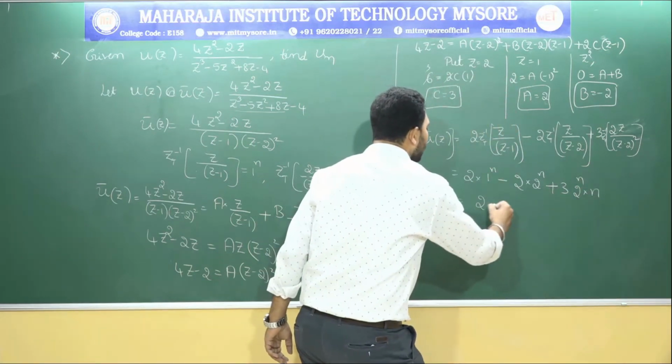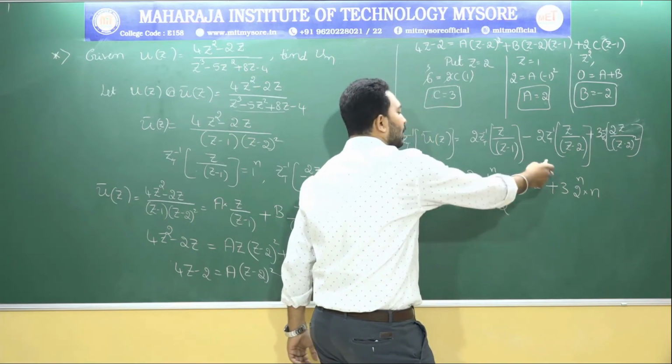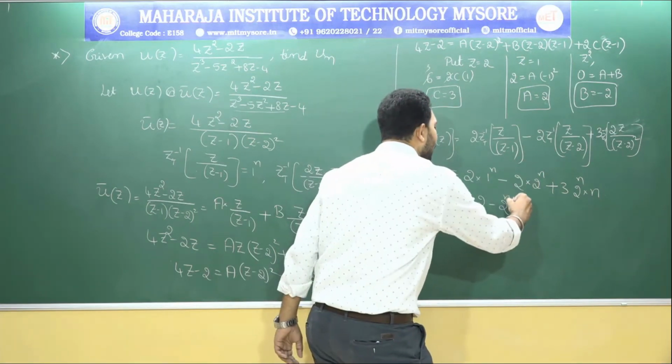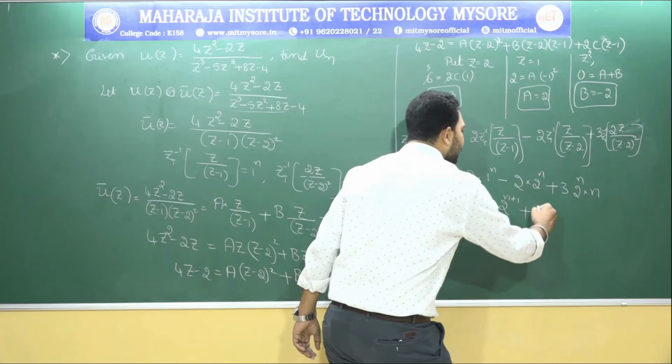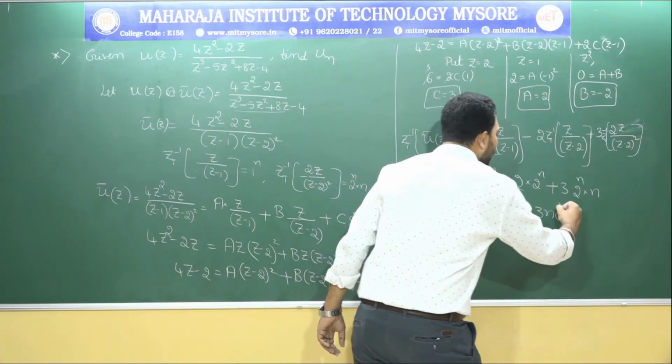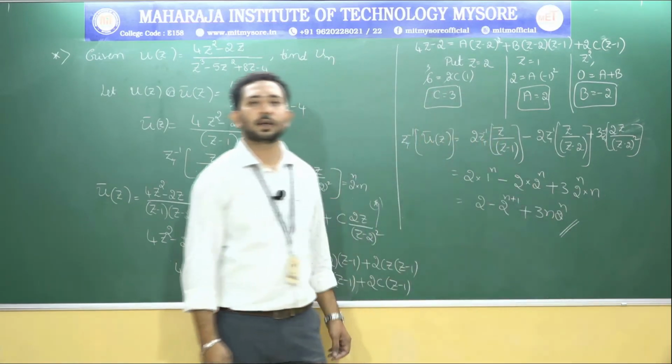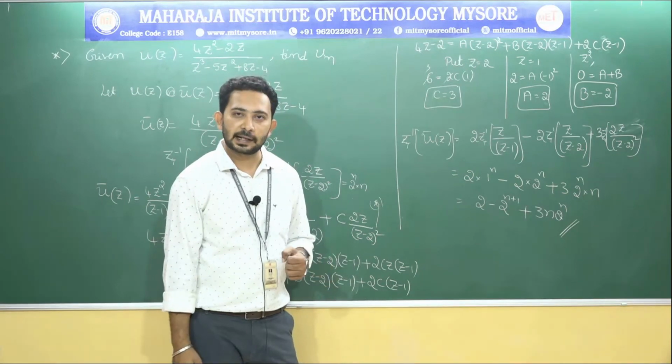So we can write 2 minus 2 power n, by mathematical indices a power m into a power n, 2 power n plus 1, plus 3n into 2 power n. So this is the required result here.